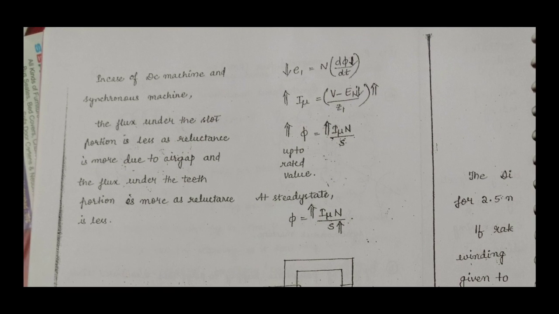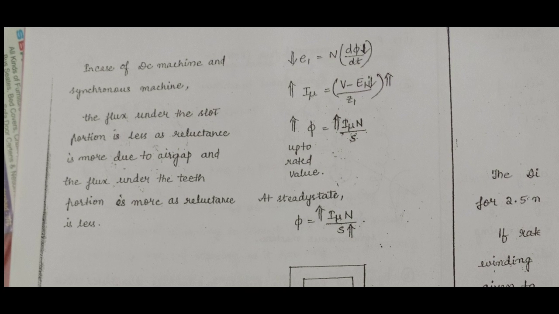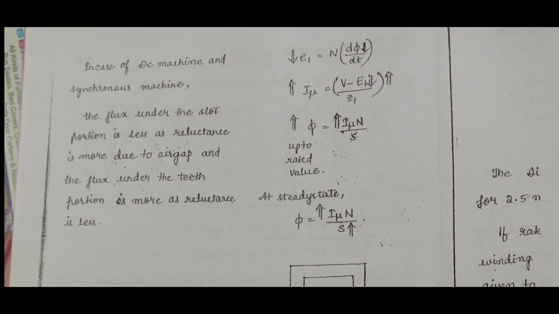In the case of DC machines and synchronous machines, the flux under the slot portion is less as reluctance is more due to the air gap. The flux under the teeth portion is more as reluctance is less.